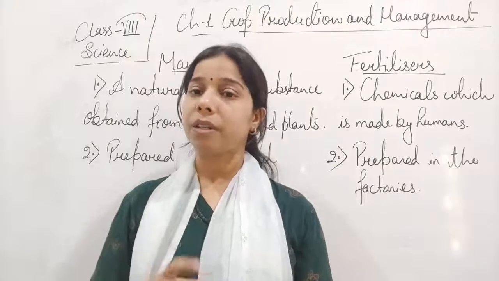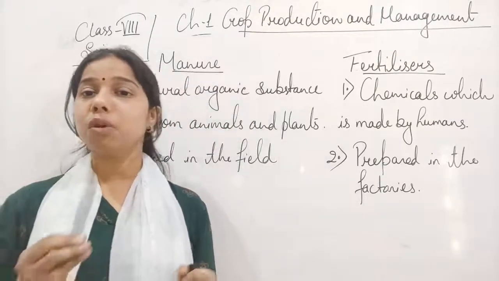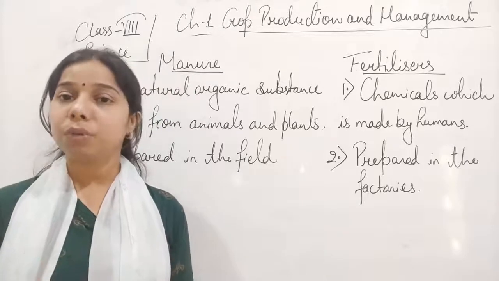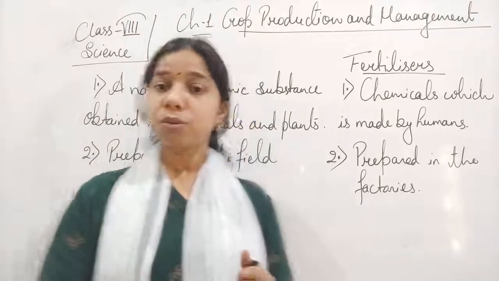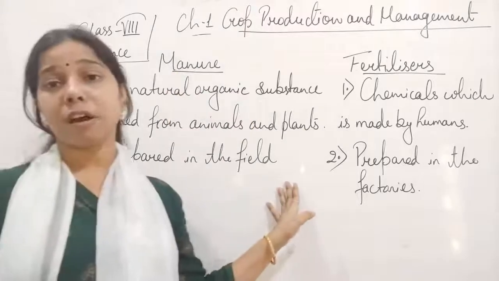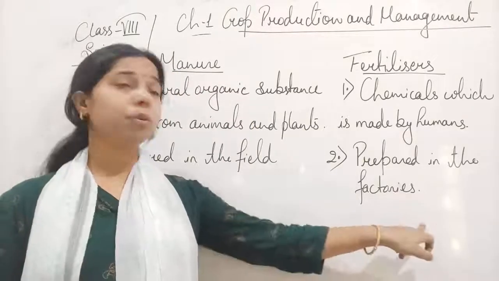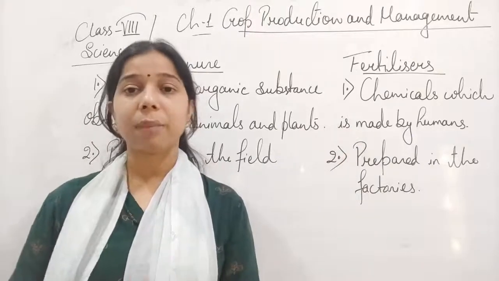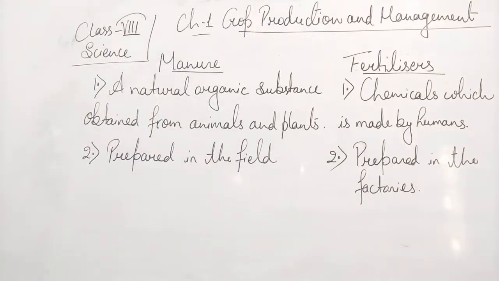After that, the microbes decompose it and convert it into manure. So this is a method which the farmers use in the field. But fertilizers are chemicals prepared in the factories.